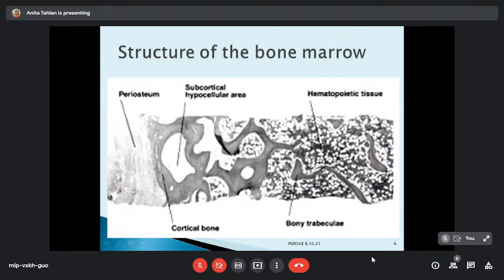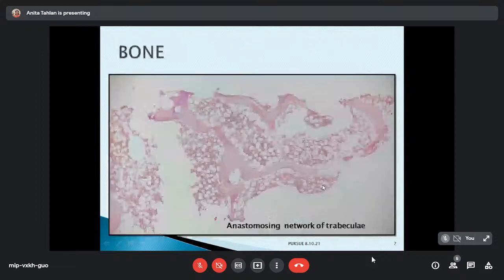So you have the periosteum, which gives the strength and the shape, and then you have these predominantly parallel, thin trabeculae. So an anastomotic network of thin trabeculae is there, and in between this anastomotic network lies the semi-solid viscous bone marrow.